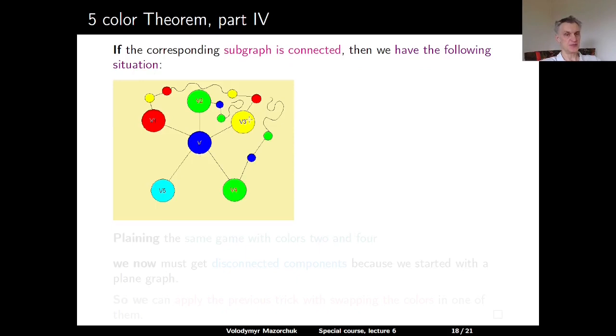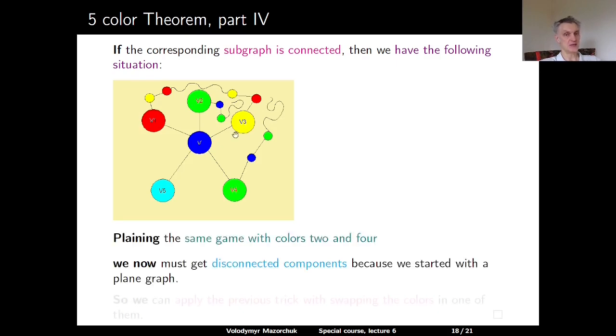Now the case which is possible is that the graph for the vertices with colors 1 and 3 between them is connected. But if this graph is connected, we can look at the graph for colors 2 and 4, and then that graph must be disconnected because our graph is plane.